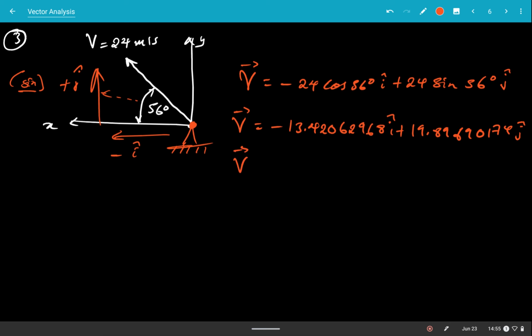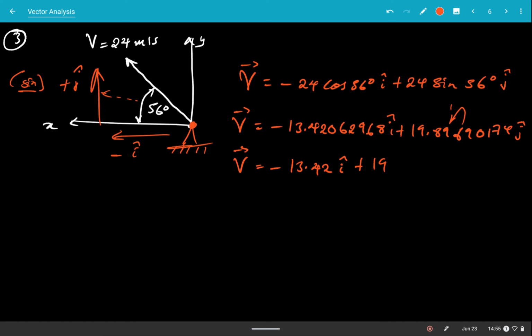So the vector v will now be rounded off to 2 decimal places. We'll have minus 13.42 in the i plus 19. Remember, if we're rounding off to 2 decimal places and the third number is equal to 5, we get a 1 and add it to the second number.